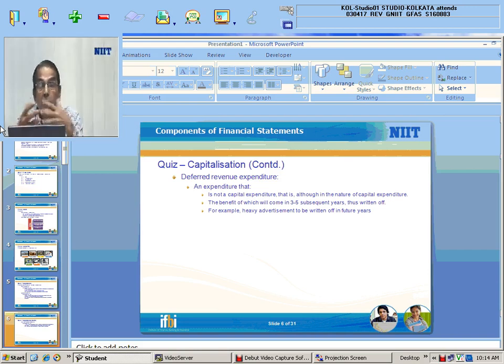With the help of the plant and machinery, the company will be able to produce goods for the next 10 years, and the goods can be sold. The expenditure incurred for buying the plant and machinery is a one-time expenditure, but the benefit will arise over the next 10 years. So that is a capital expenditure.